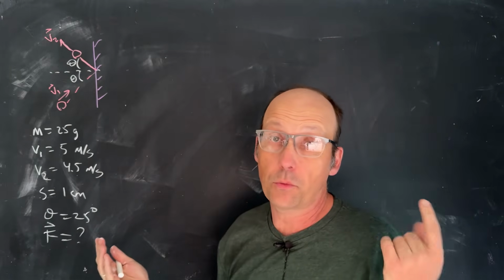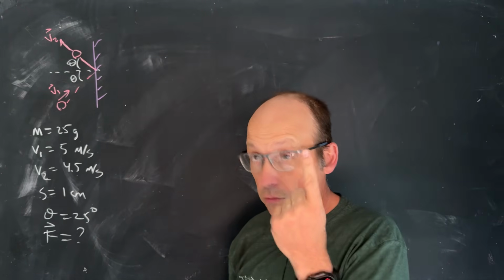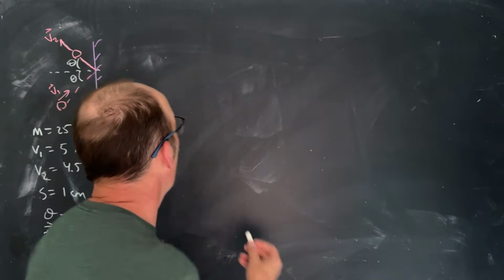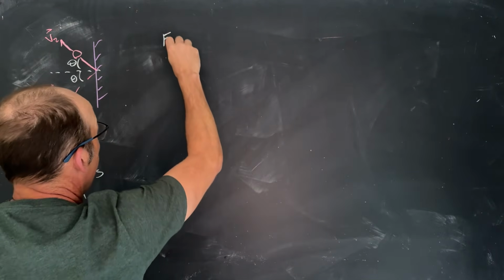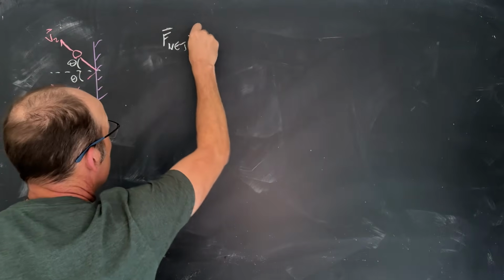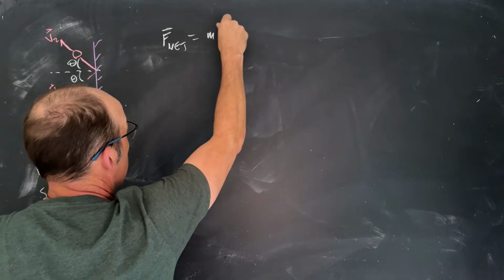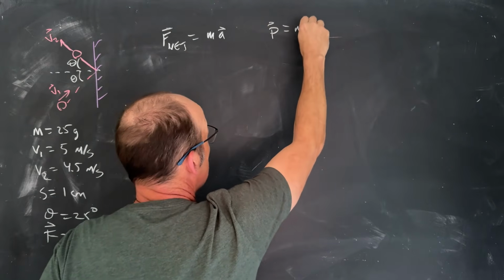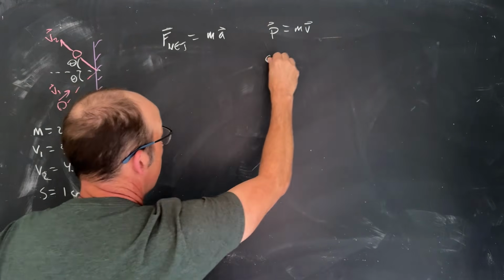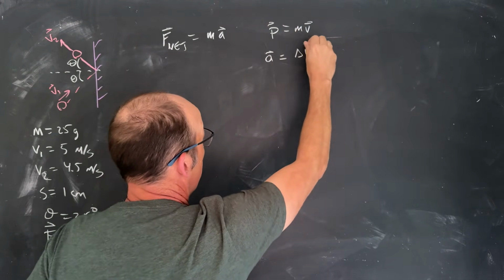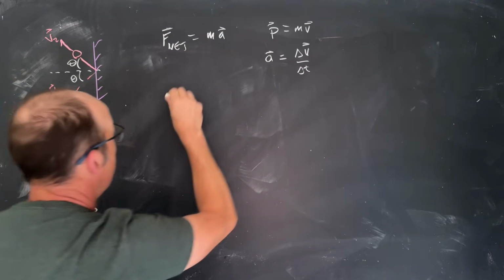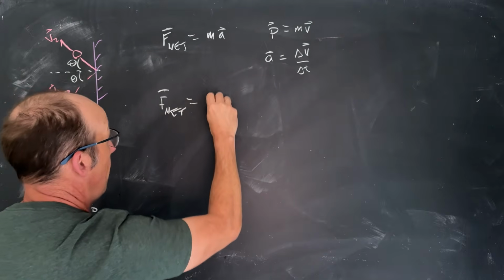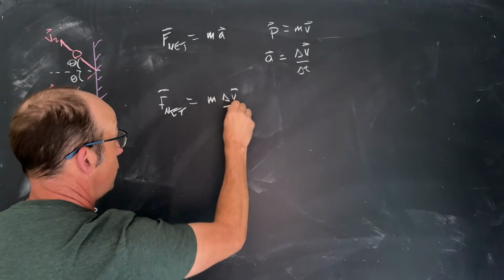Well, that only leaves us with one other option, Newton's second law, or the momentum principle, which is the same thing. So just as a quick review, the net force on an object is equal to the mass times acceleration. But we can define momentum as mass times velocity. And if the acceleration is the change in velocity with respect to time, this becomes F net is mass times the change in velocity with respect to time.